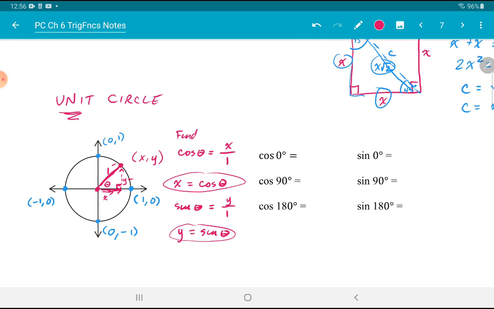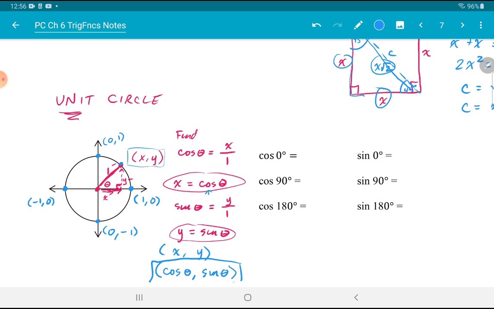Now, if we put this all together, then what we notice is that at some point we said that we can classify any point along the circle as some arbitrary x, y value. Well, if the ordered pair is x, y, and x represents cosine theta, we could just use substitution and see that in ordered pair form with the angle measure, you can classify the ordered pair as cosine theta, sine theta.